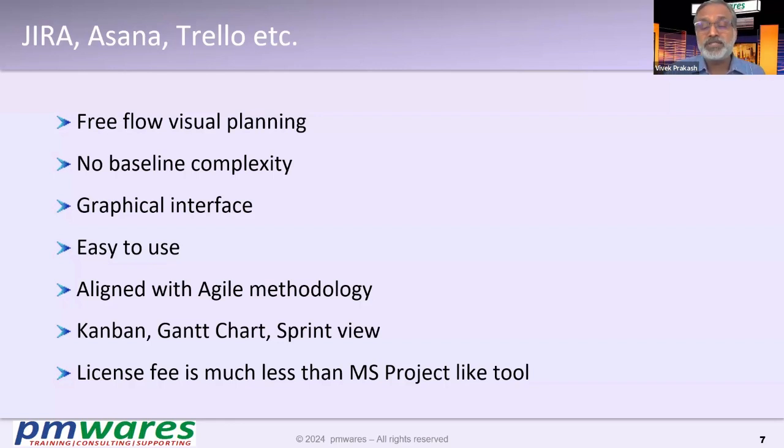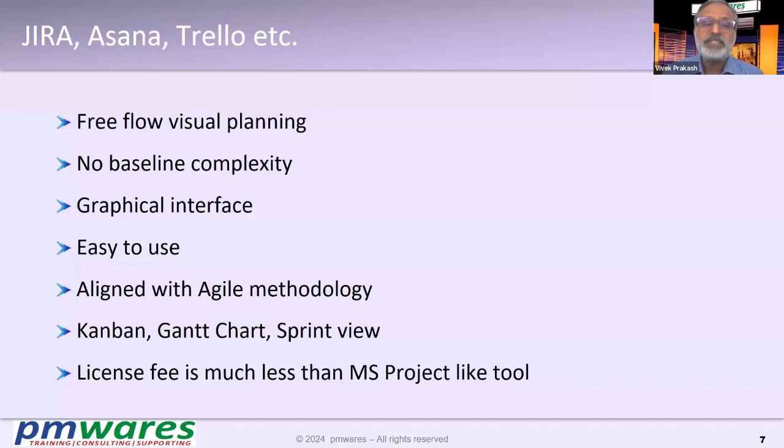And Jira is quite popular. Different companies and different teams are using different tools. Are they useful, or are they really solving their purpose? Are they better than other project management tools like MS Project?